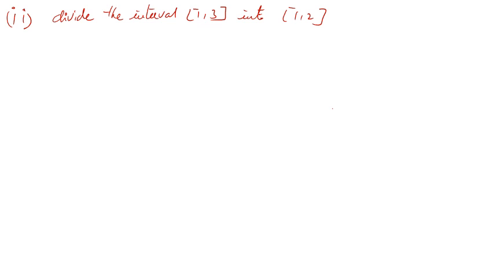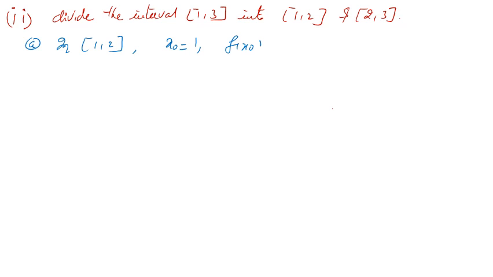Okay, now case 2. Divide the interval 1 to 3 into subintervals 1 comma 2 and 2 comma 3. Now in each subinterval we have to find Lagrange's polynomial. First in 1 comma 2, x0 is 1.